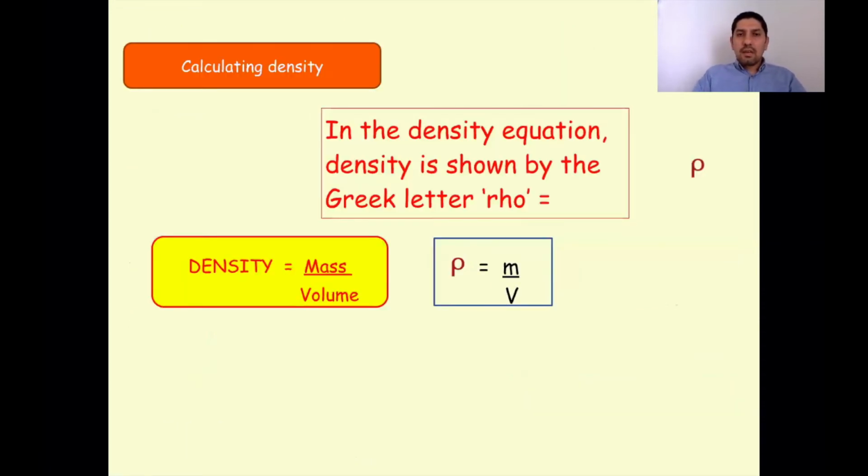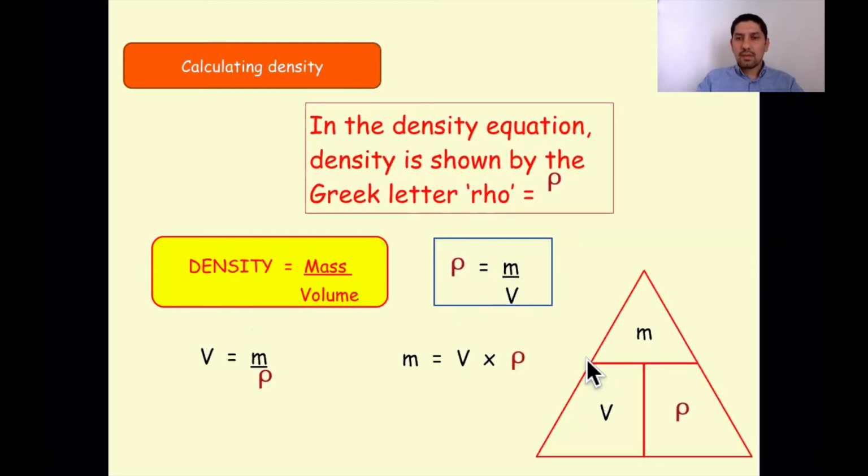Calculating density, as we said before, the density equation is mass over volume. In the density equation, density is shown by the Greek letter rho, which is the symbol of density. M for mass, V for volume. We have a magic triangle here to rearrange the equation easily.